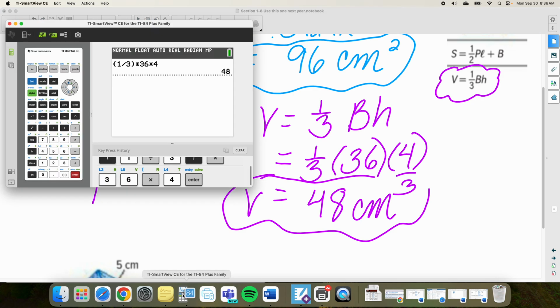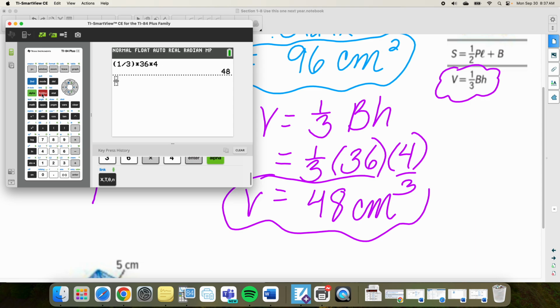Now, I want to show you guys how to do a fraction one other way, but this only works if you have the CE version of the calculator, okay? Do you guys see this little thing above the x t theta n? It looks like a fraction, okay? How you can get that, you guys, is you can hit alpha and then that key, and that will give you a fraction.